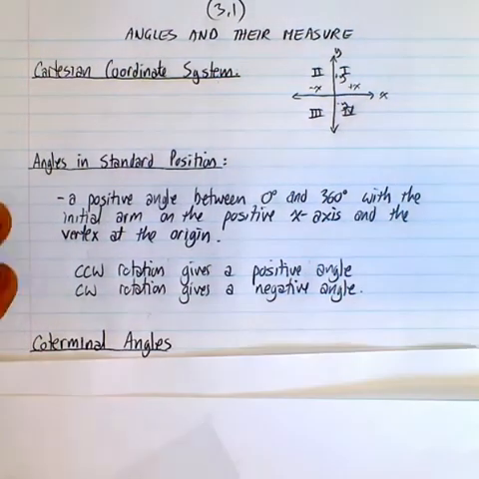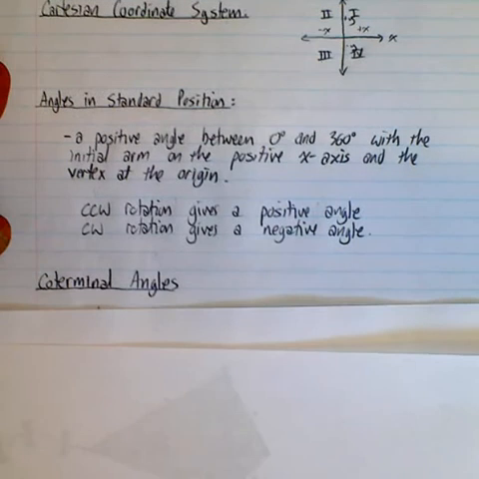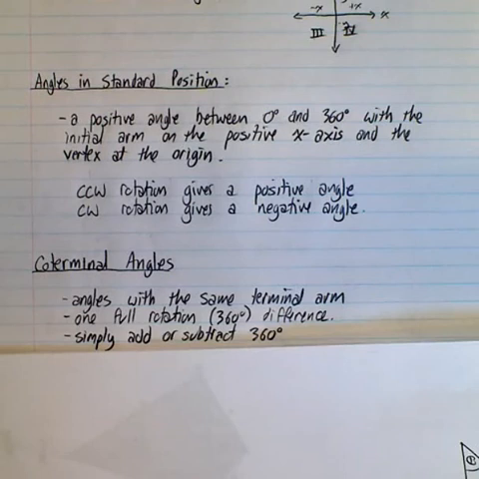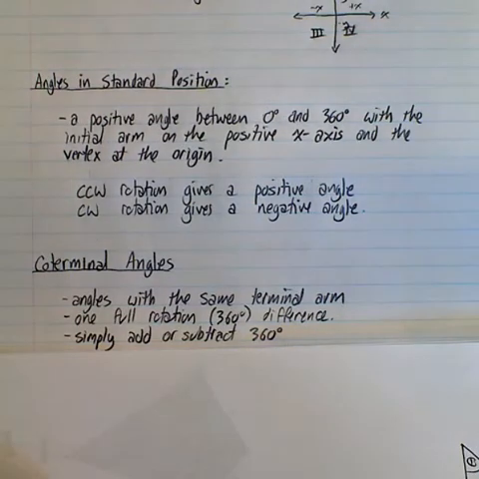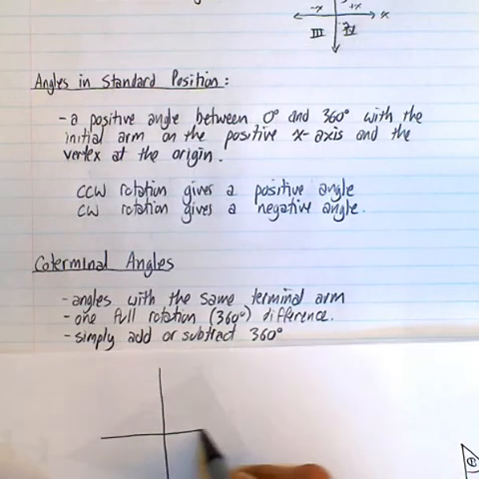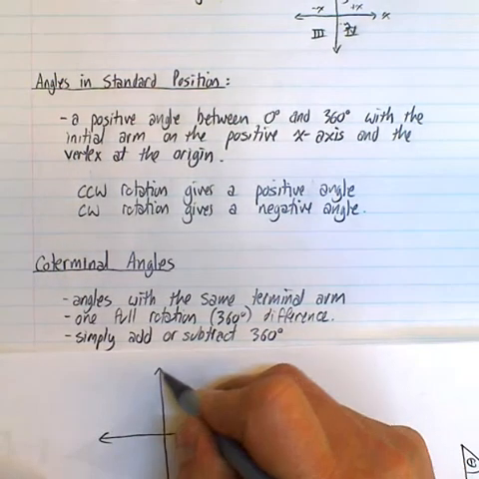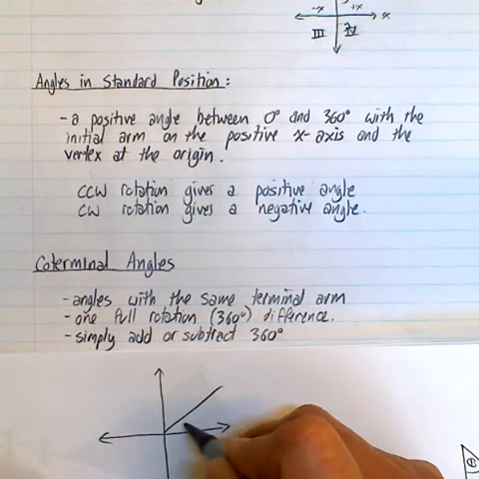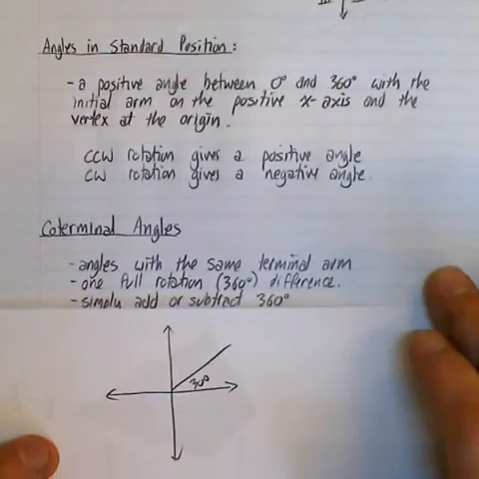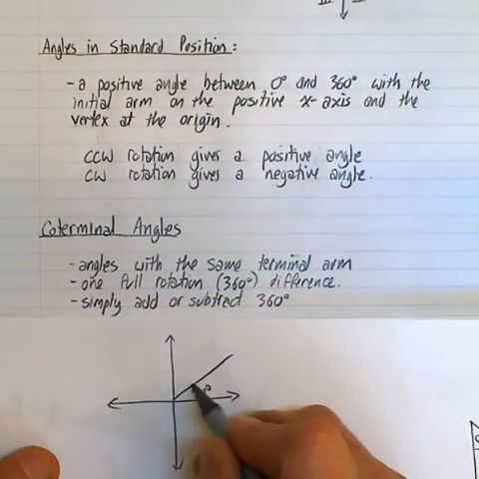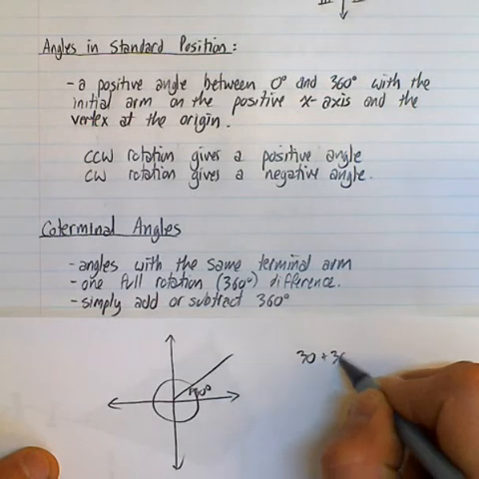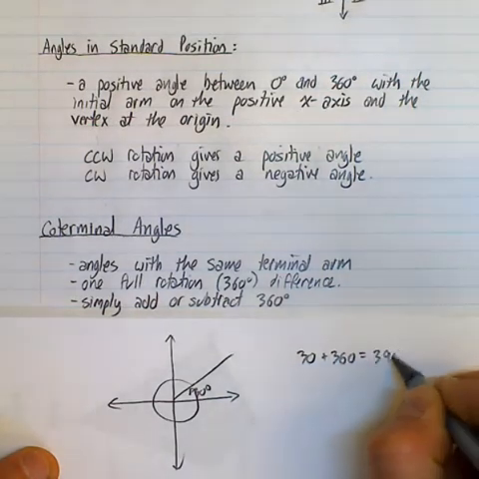All right, so coterminal means they have the same terminal, right? They end in the same place. So these are angles with the same terminal arm, okay? They are 1 full rotation away. So if I have an angle right in here, say that's 30 degrees, I can find a coterminal angle by adding 1 full rotation, or 30 plus 360 is going to give me 390 degrees.